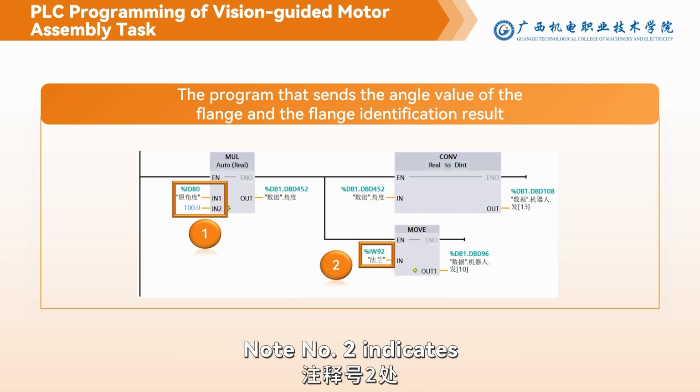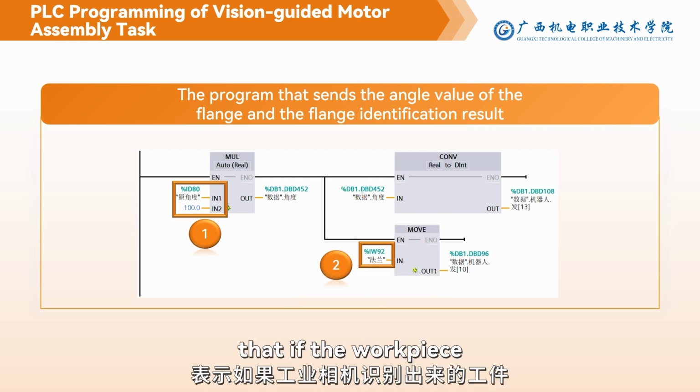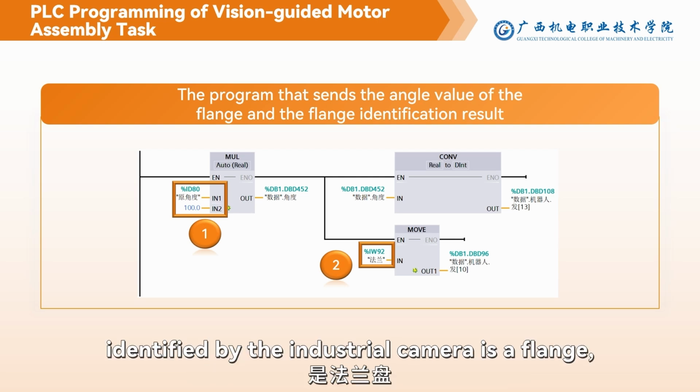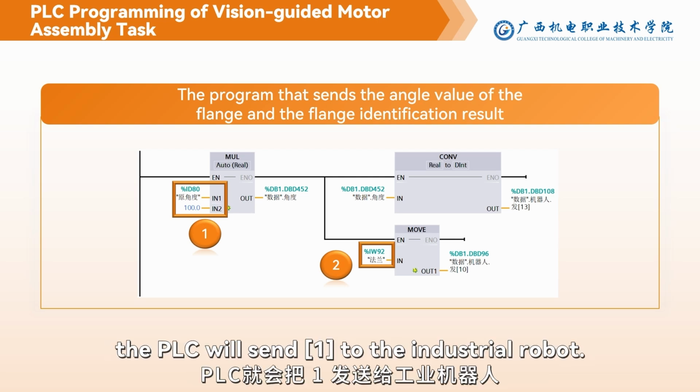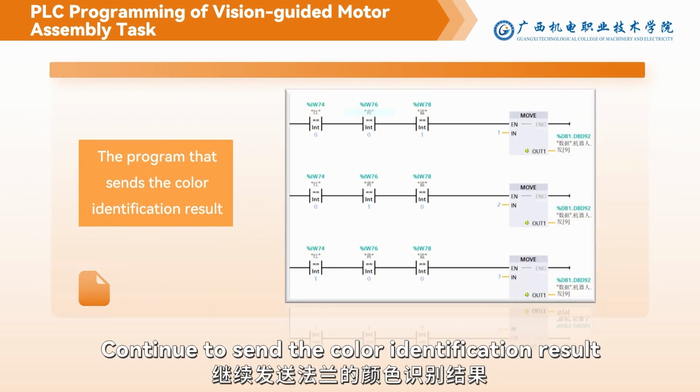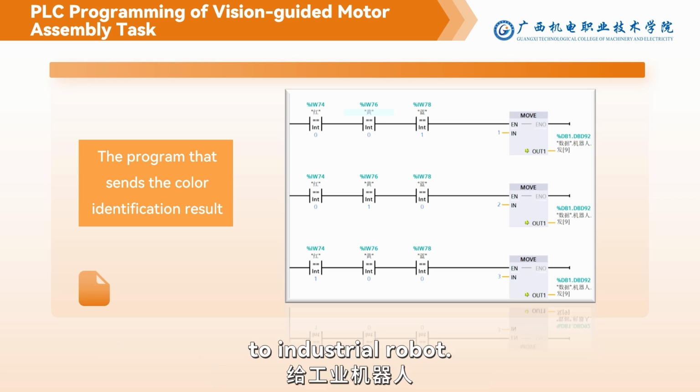Number 2 indicates that if the workpiece identified by the industrial camera is a flange, the PLC will send 1 to the industrial robot. Continue to send the color identification result to the industrial robot.